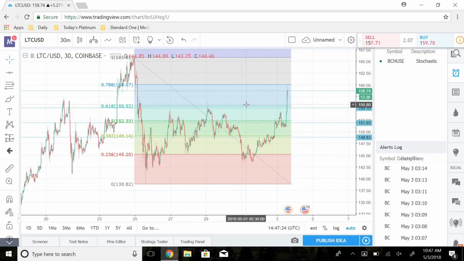That's basically all you need to know about the Fibonacci retracement levels. There's a lot of different ways to use it. I've seen a ton of different strategies all over YouTube, as well as other places, other people I've talked to, but this is the best way that I like to use it.